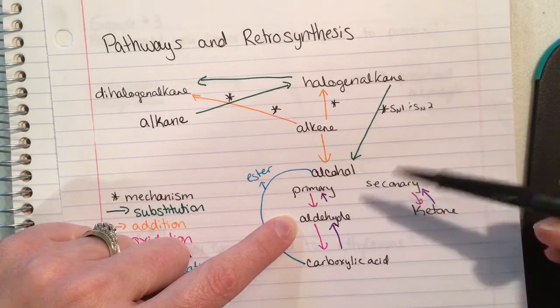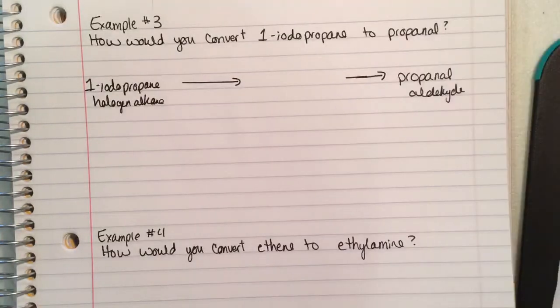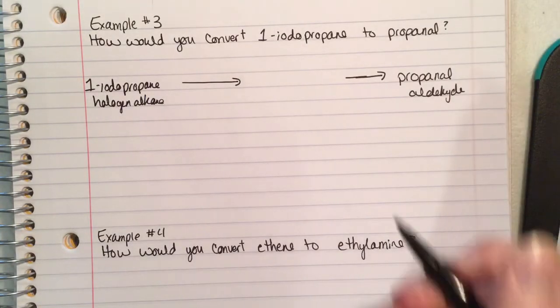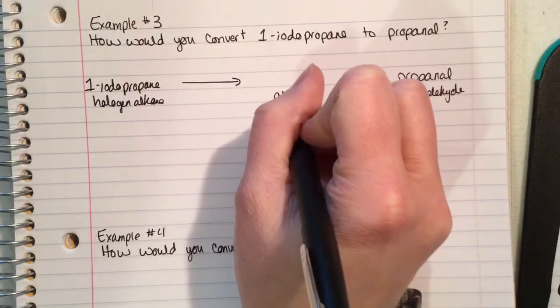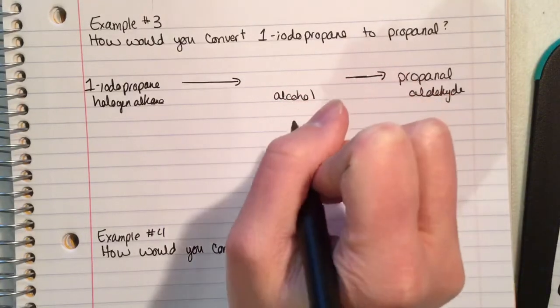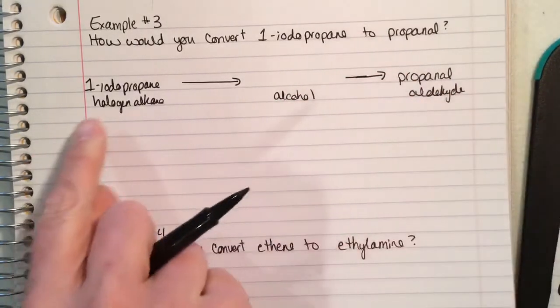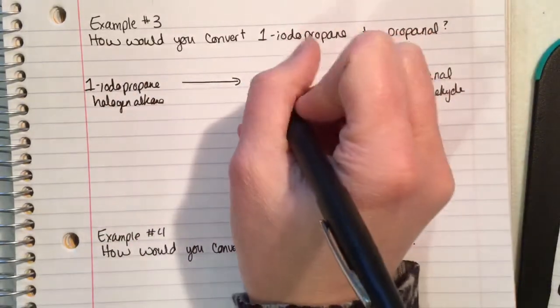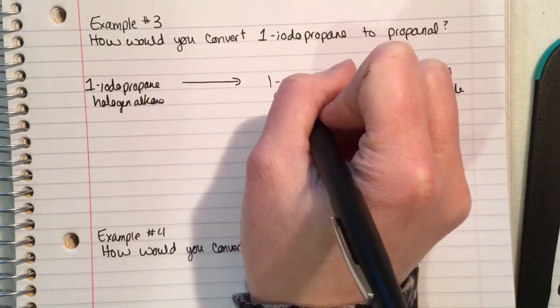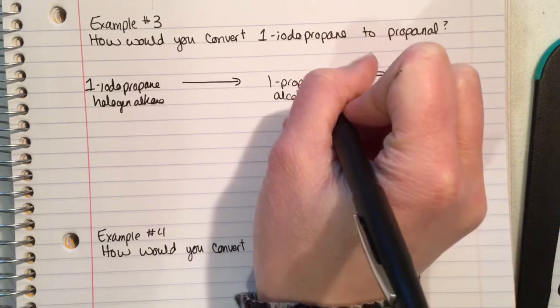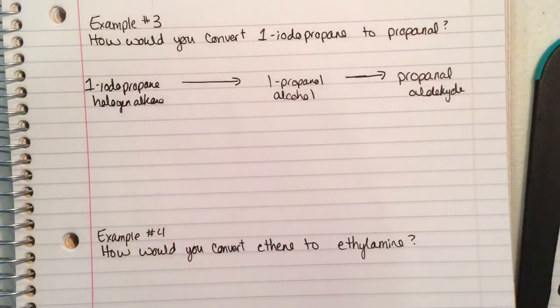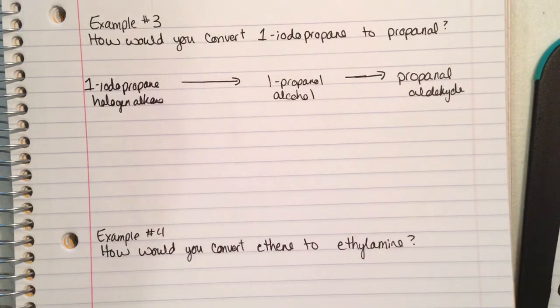That's what's there in the middle. Okay, so my next step will be to make an alcohol. And that alcohol, since this is on the end, this will more than likely be 1-propanol.